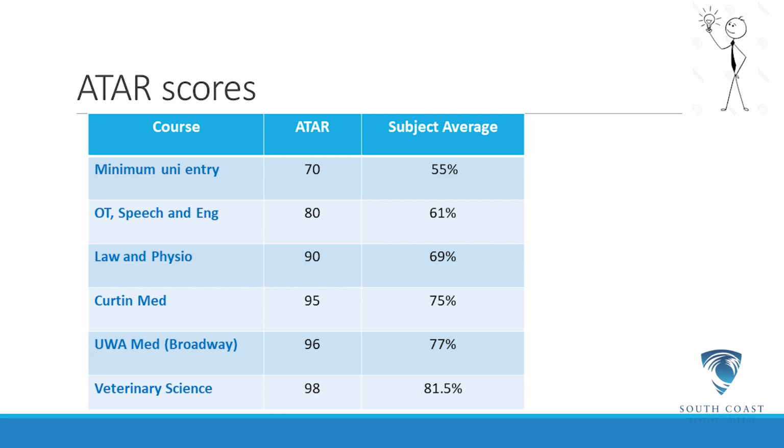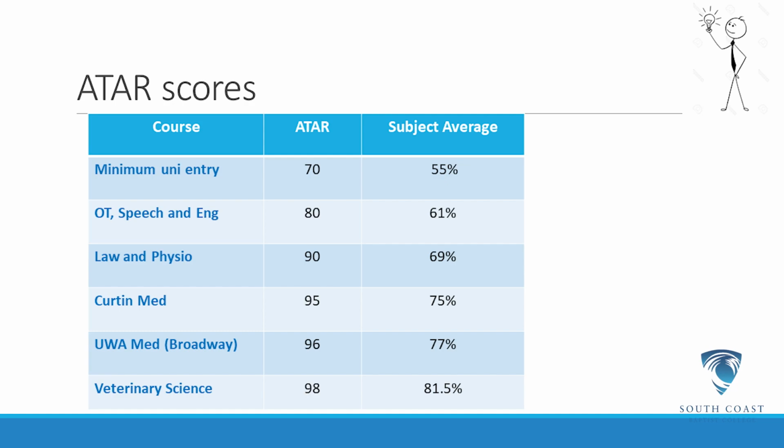Now, some of those percentages might seem a little bit lower than you would have thought, but you also need to bear in mind that those are the scores that you would need after scaling. So subjects are adjusted for difficulty, and if you are in an easier subject, your raw score will be scaled down somewhat. And those numbers on the screen will be what you need to achieve after scaling.